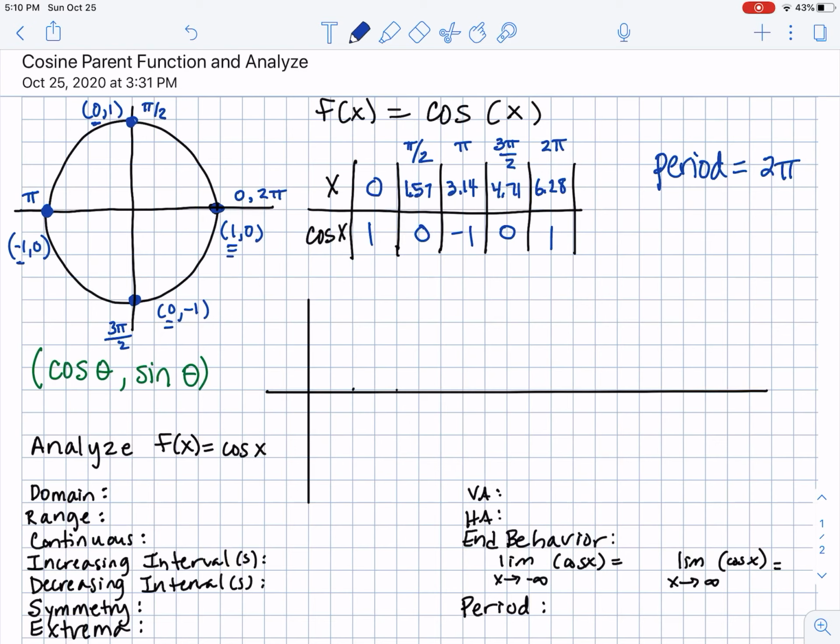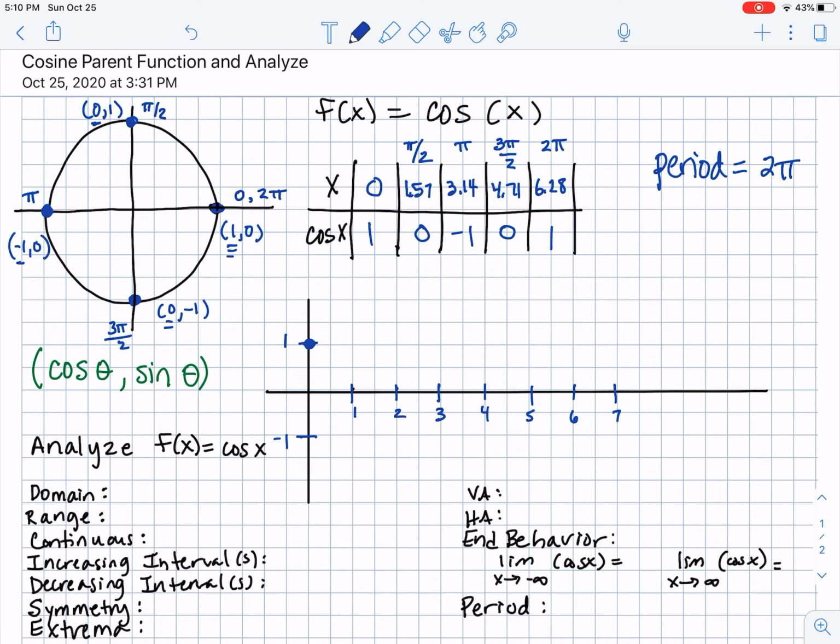So here's what I notice. I have the point (0, 1). So I'll make this 1 and this negative 1. And that will make this 1, 2, 3, 4, 5, 6, 7. Okay, so here is our graph. We're going to plot (0, 1).